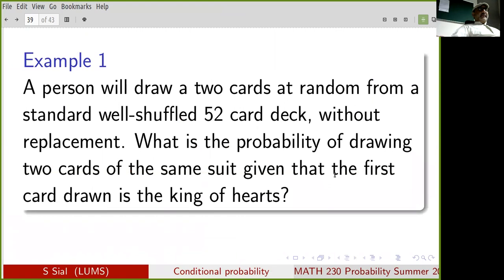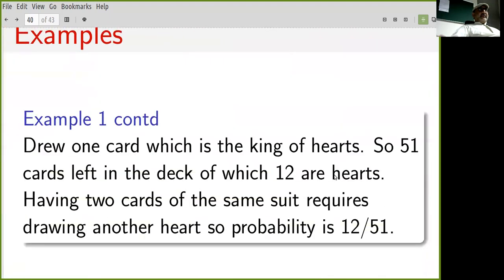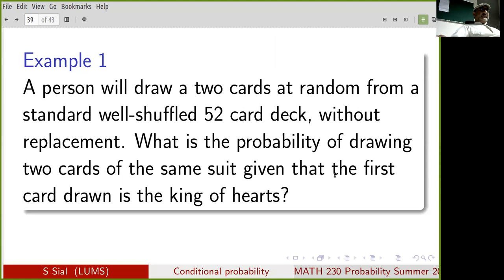You have 2 cards drawn at random from a standard fair, well-shuffled 52-card deck without replacement. What's the probability of drawing 2 cards of the same suit, given that the first card drawn is the King of Hearts? Let's see if we can think our way through this one.